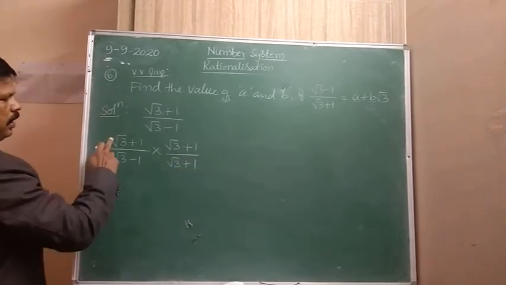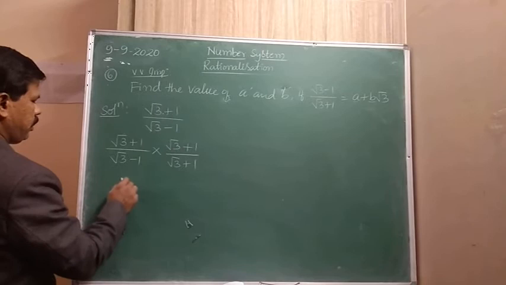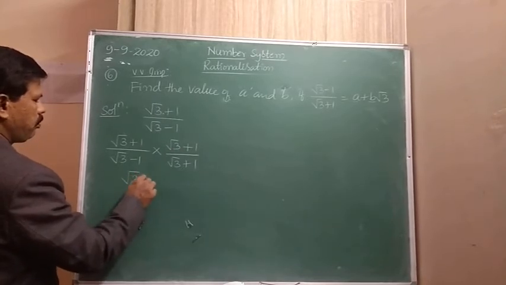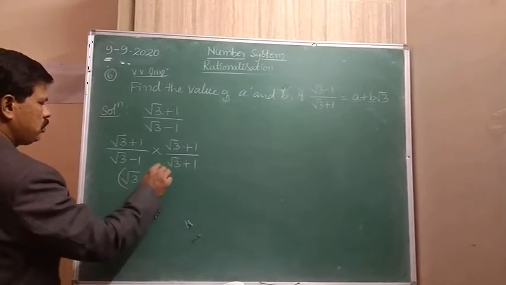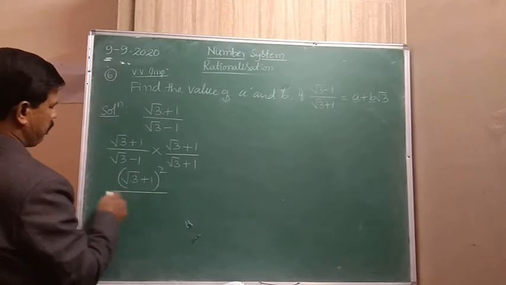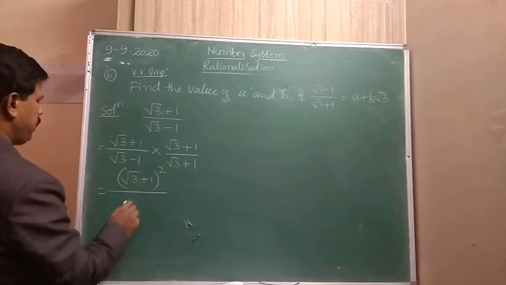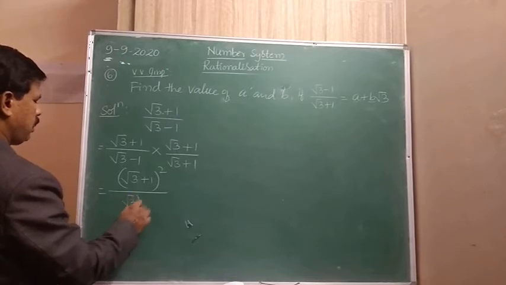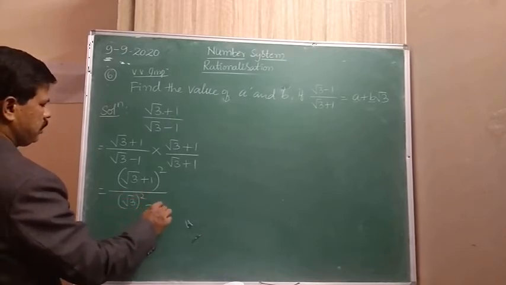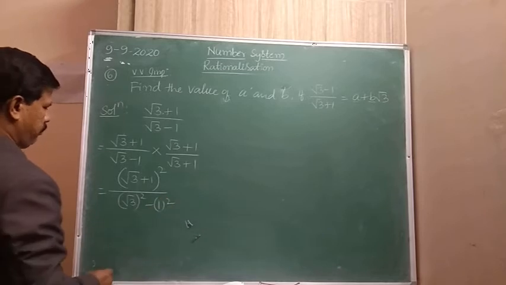Now a plus b into a plus b becomes root 3 plus 1 whole square, whole divided by a minus b into a plus b, which is a square minus b square.